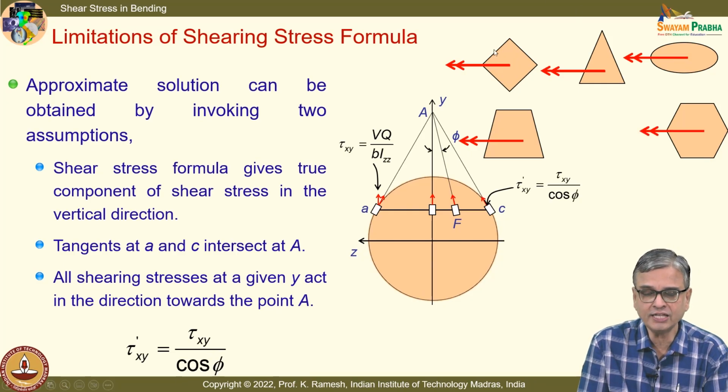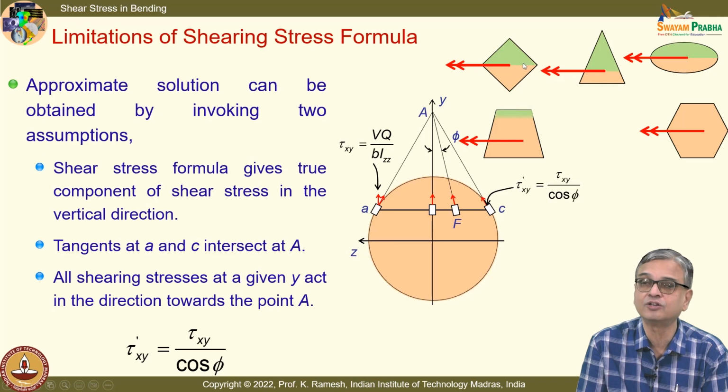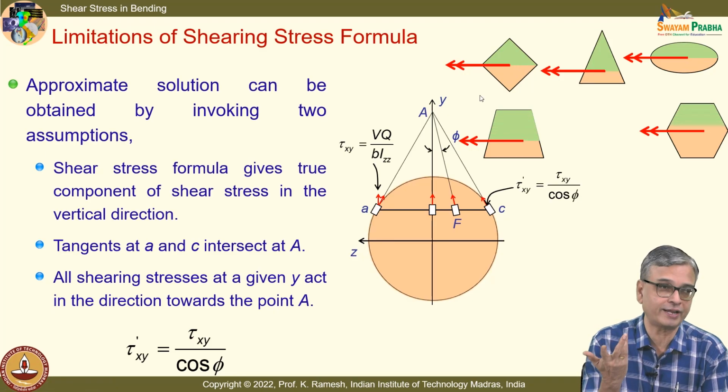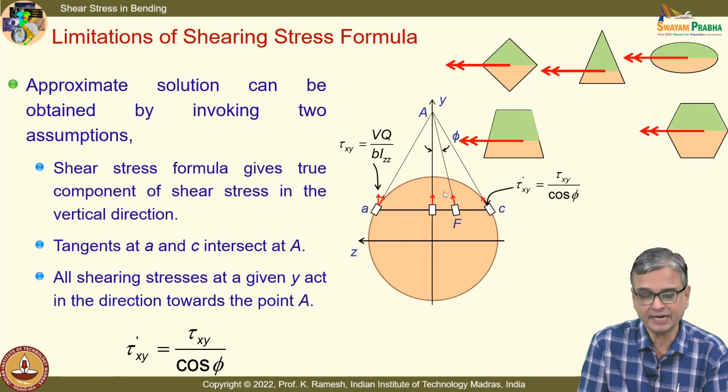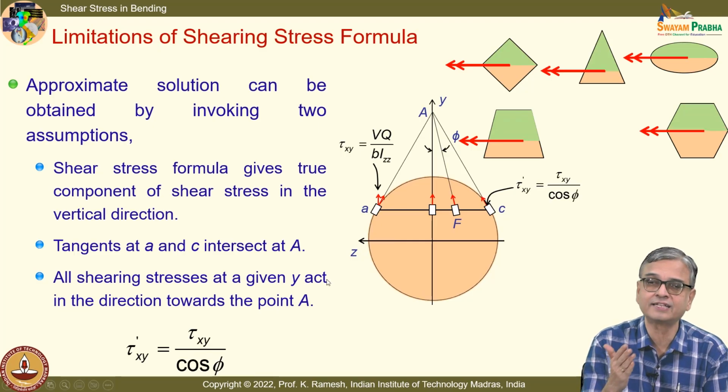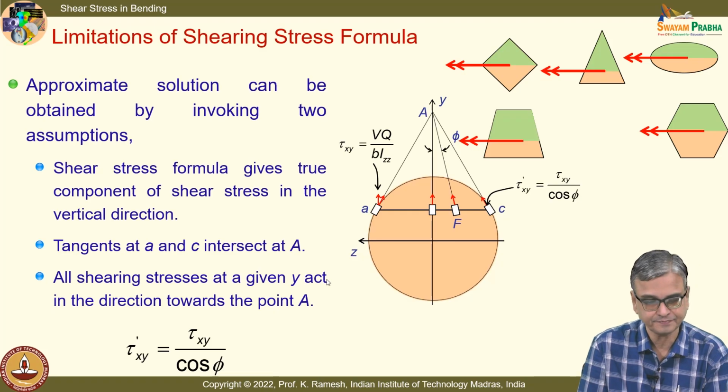So, for all these cross sections, this inconsistency applies, and in some of them, leaving the elliptical cross section, even what you estimate along the neutral axis will also be questionable. It will also have more error. But nevertheless, we always say that shear contribution is less when the beam is slender, and we carry on with it, accommodate it in our engineering analysis.